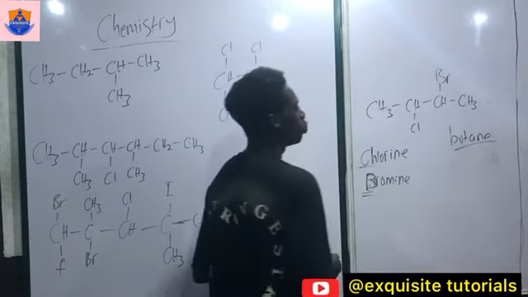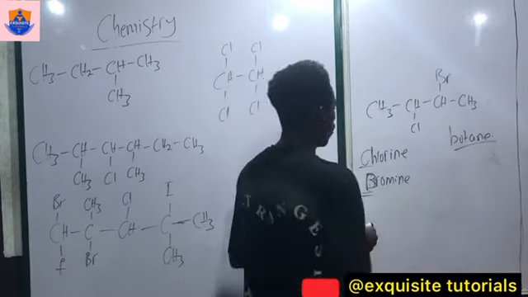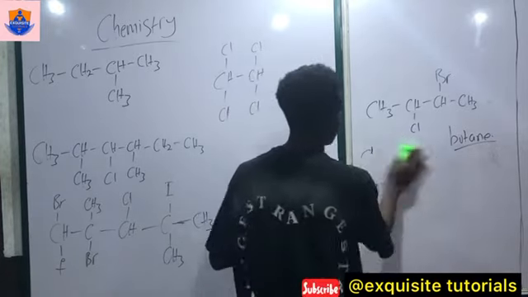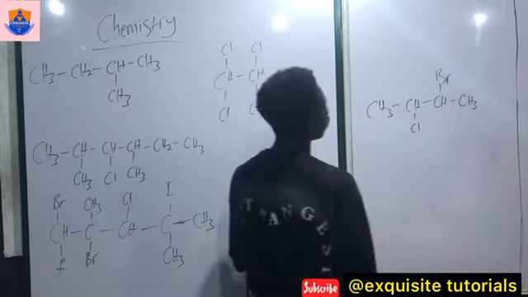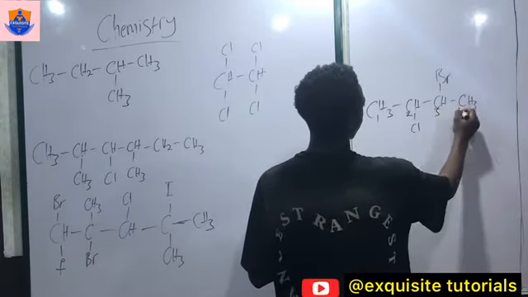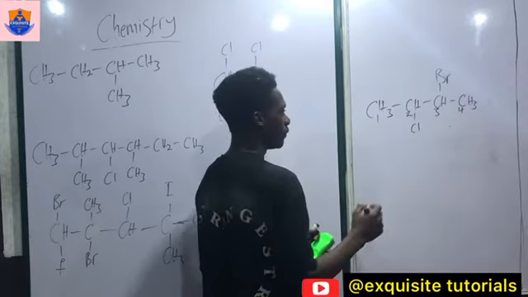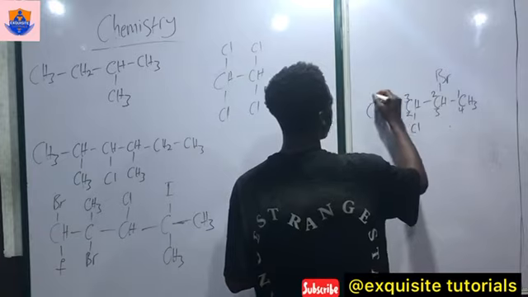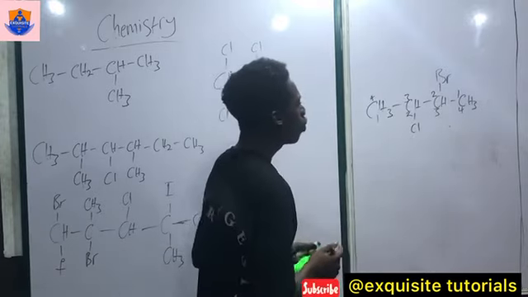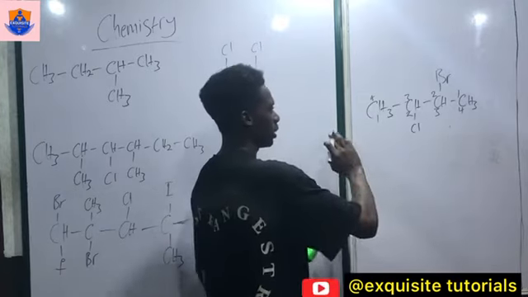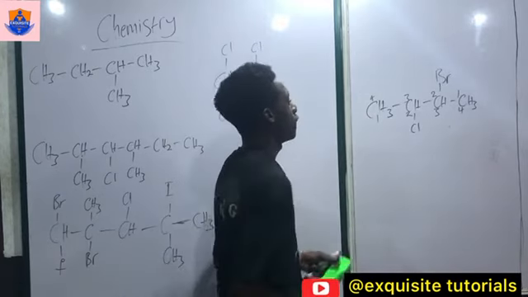What do we mean by that? If we name this compound like this, 1, 2, 3, 4, it would have a different name. I'm naming the compound like this, 1, 2, 3, 4. How do you know if you should follow like this or like this in compounds like this? First of all, look at this.